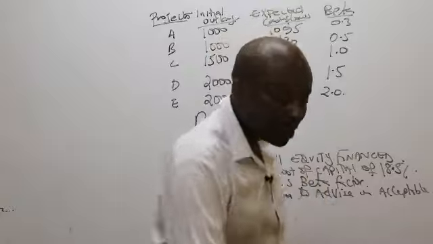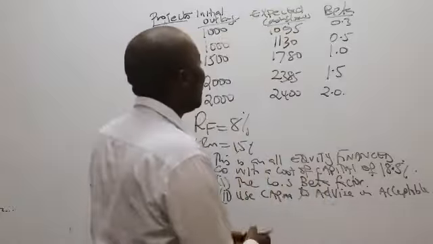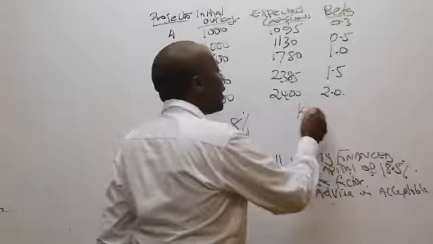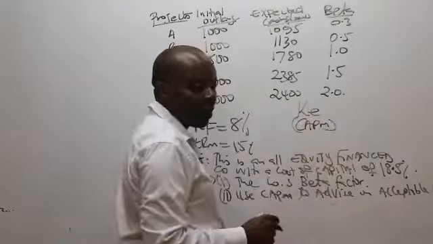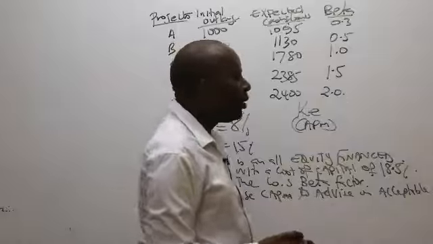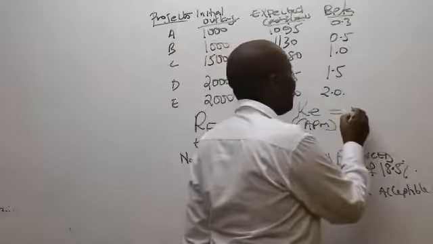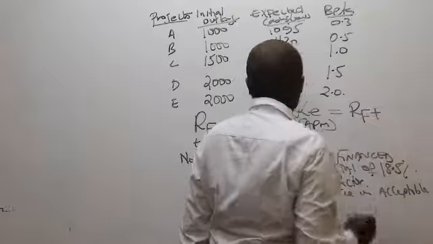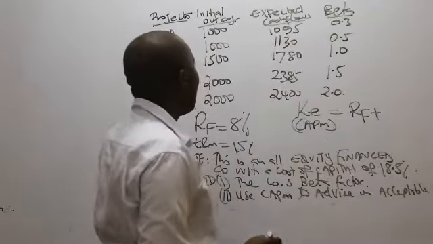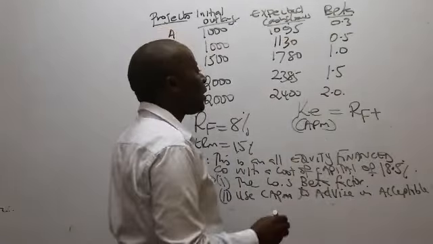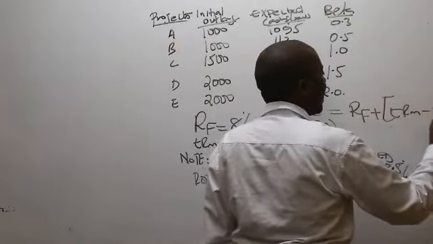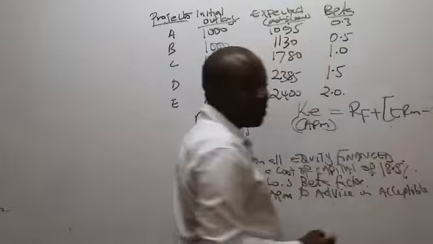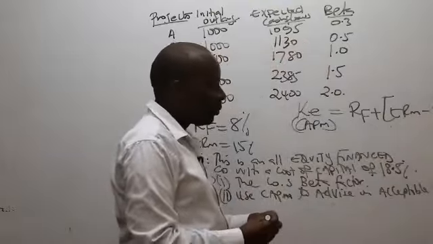So in short, you will comfortably use CAPM to ascertain the cost of equity of an organization. How will you do this? Remember, it is very easy. It is risk-free, and once you have risk-free there, into brackets, we have ERM minus risk-free, multiplied by beta.